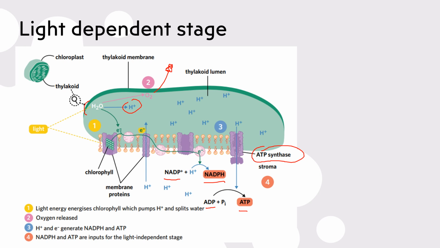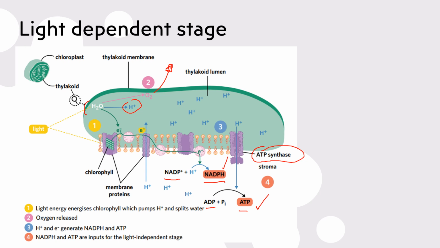The hydrogen ions that are released from the water power ATP synthase. They pump through ATP synthase, and this powering allows us to turn ADP into ATP by adding that molecule on there, and it also allows NADP to be transformed into NADPH by including that H plus ion.